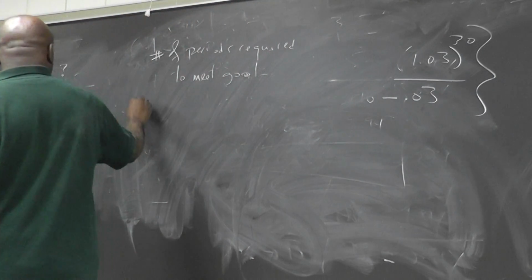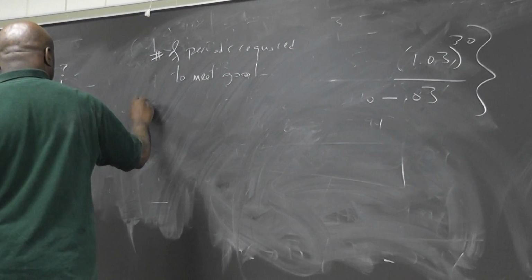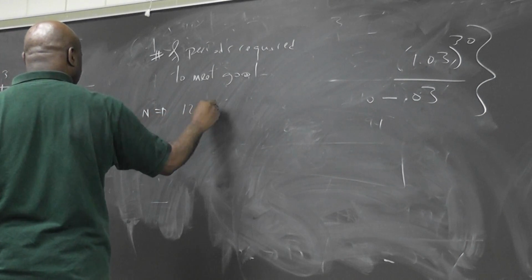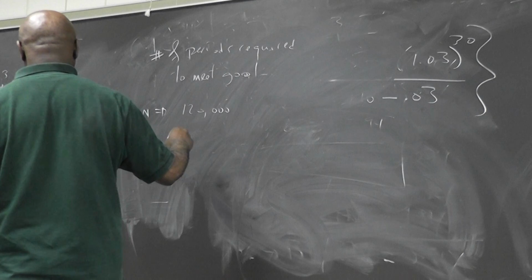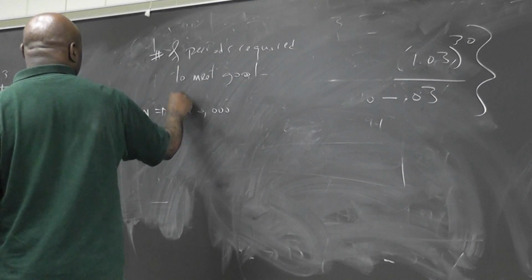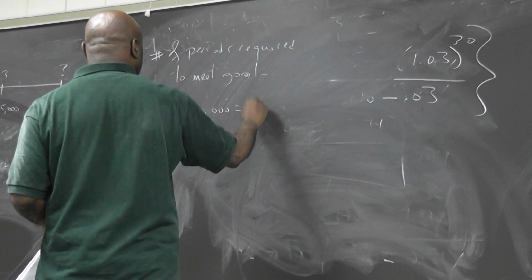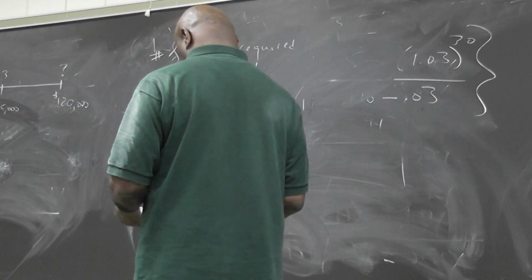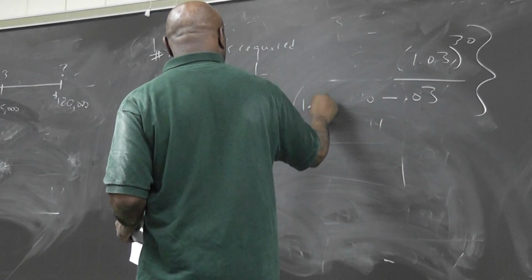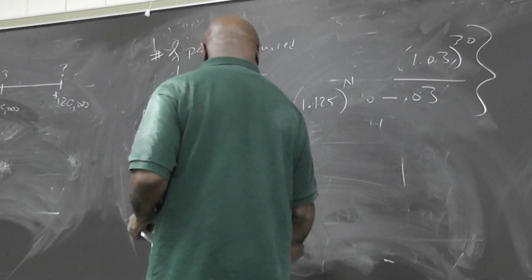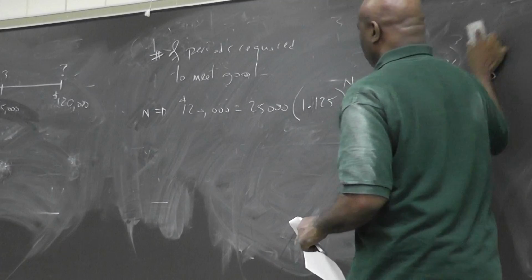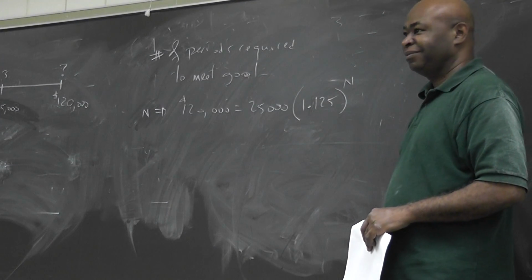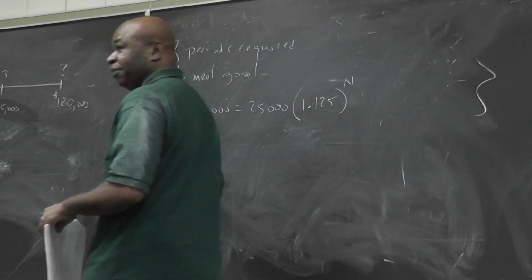If we wanted to solve for n, so that 120,000 will equal the 25,000 times 1.125 raised to the power n, right? So this is what we want to do. We want to solve for n in this equation, and then you use the calculator.